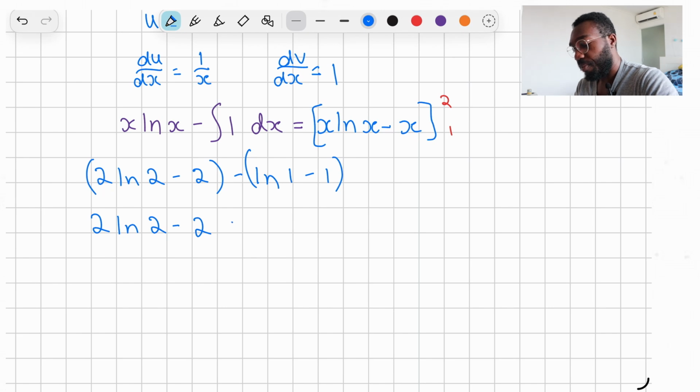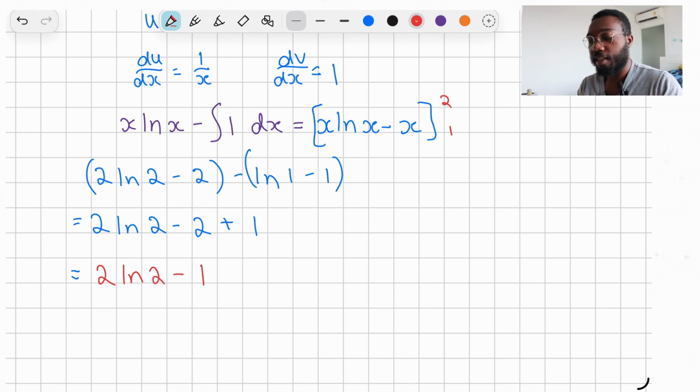So we're just left with a plus 1 here. And then if you work that out, you get 2 ln 2 minus 1. Okay, that would be our answer in this case.